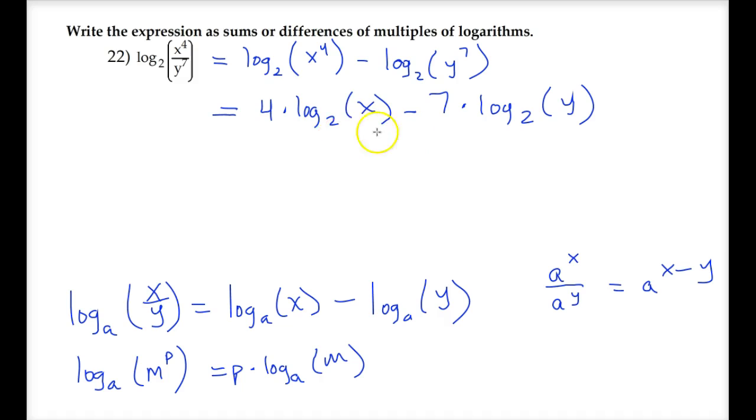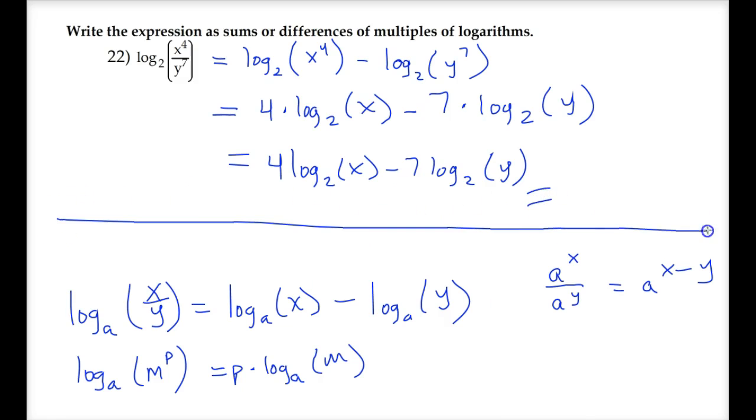Okay, and of course, we don't necessarily have to write the multiplication signs there. We could just rewrite it like this, and this would be our answer here. Okay, and so that would be our final answer.